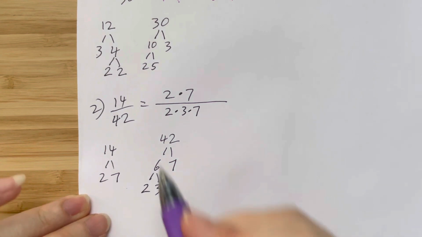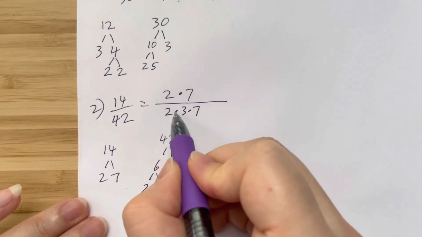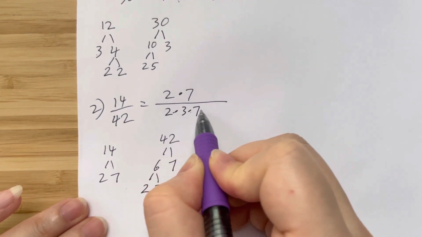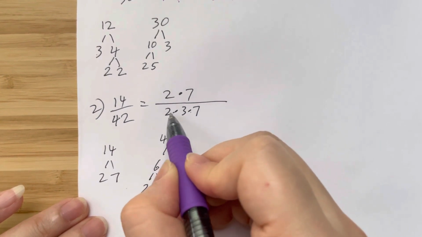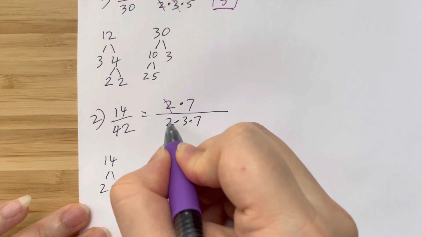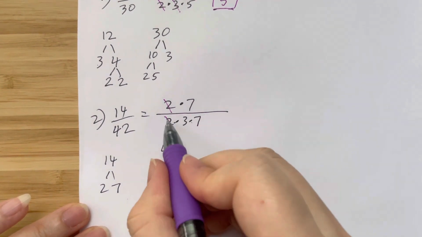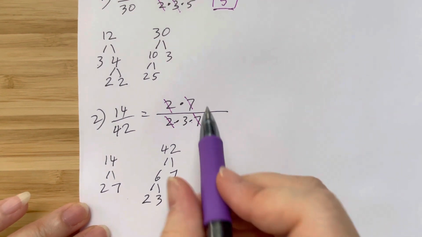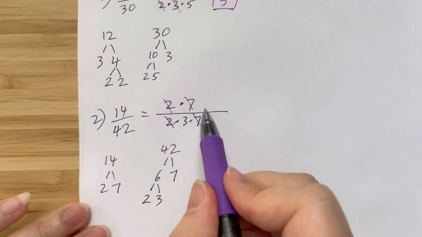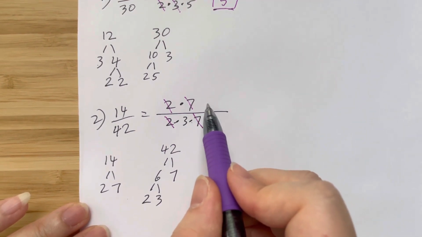So here, again, they're all multiplying. What we see on top, we can take out on the bottom also, if we have it. So a 2 and a 2 cancel, and a 7 and a 7 cancel. Now, how are we going to write our answer since there's nothing left on the top?